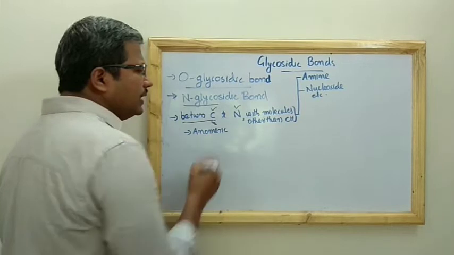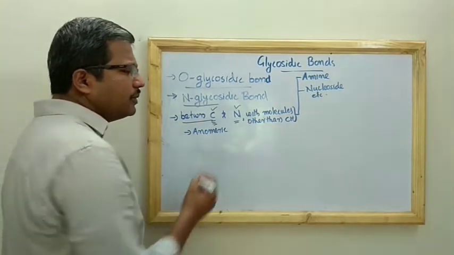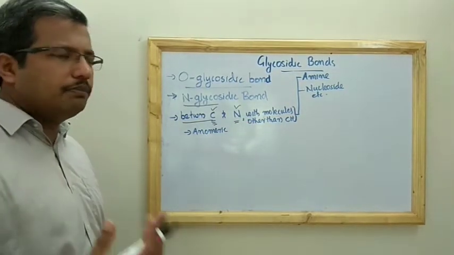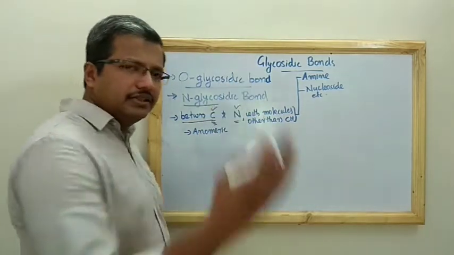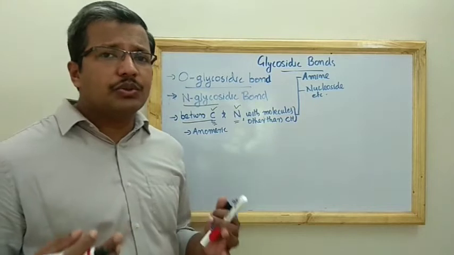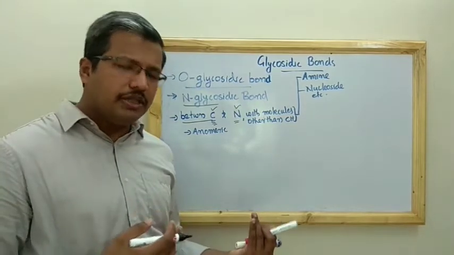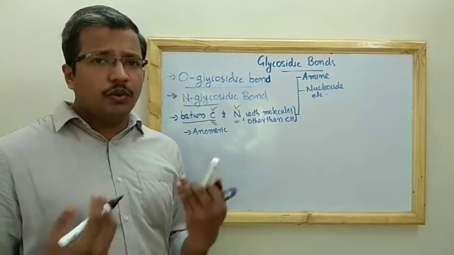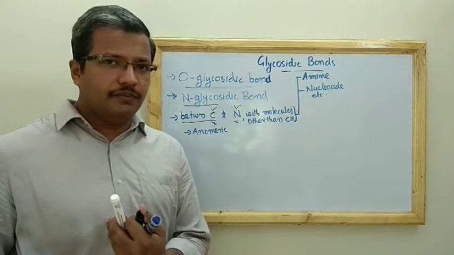One component will be carbohydrate and the amino component will be a molecule other than carbohydrate. So the N-glycosidic bond is formed between a carbohydrate and other molecules or carbohydrate derivatives.